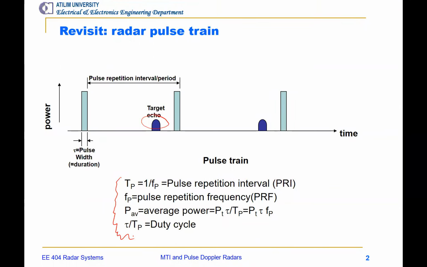We assume that the PRI is constant in all our previous analysis. Now we'll be looking at how we vary this PRI, what types of PRIs are commonly used in radar systems.